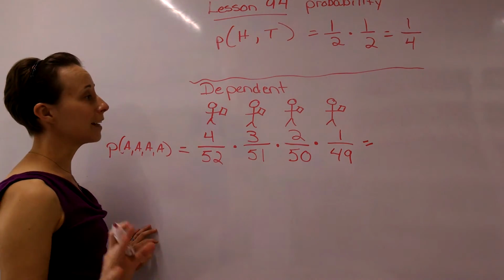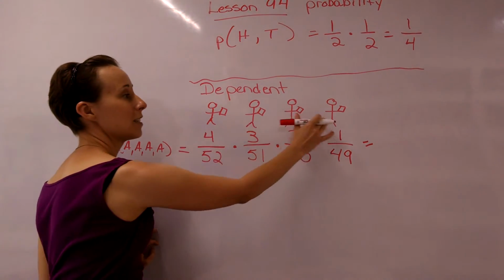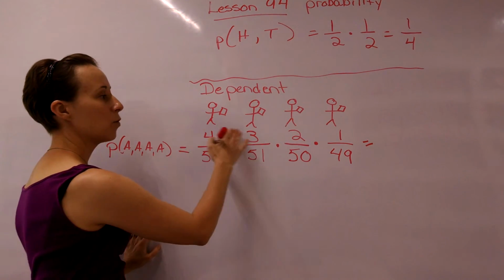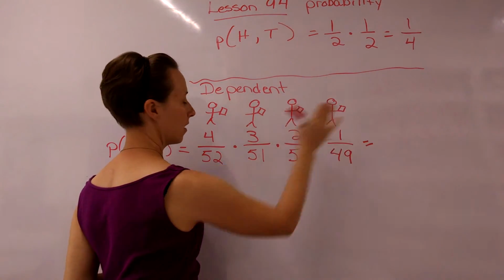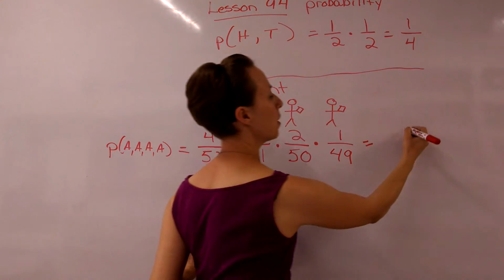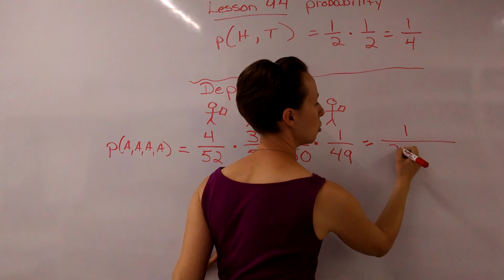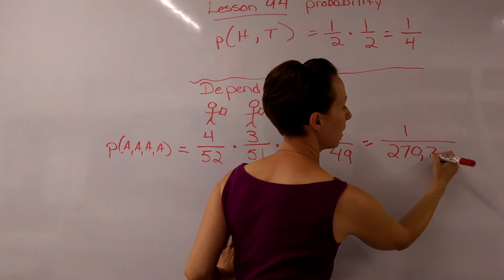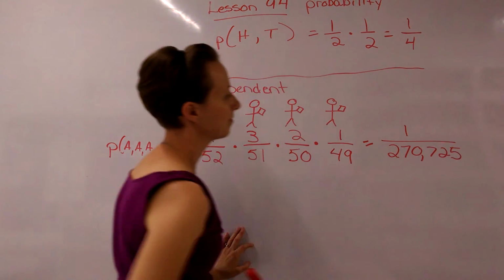If you are at all curious what the odds of 4 students all picking aces out of a random deck of cards are, if you were to multiply and multiply and then reduce, the answer would be 1 out of 270,725.